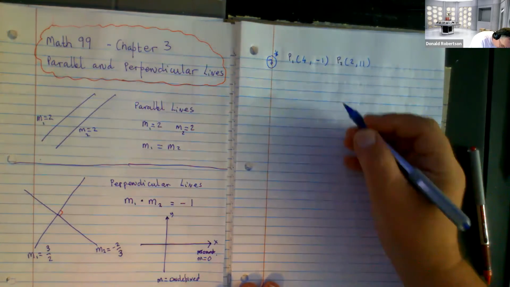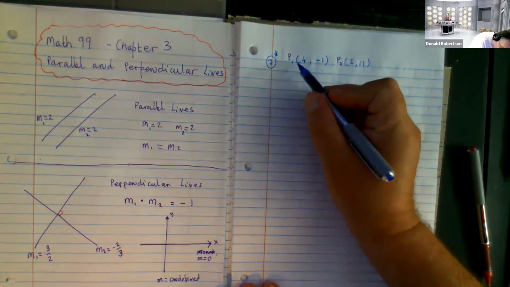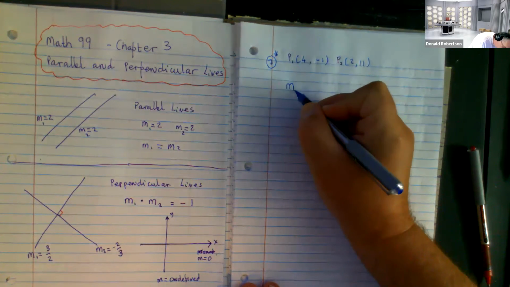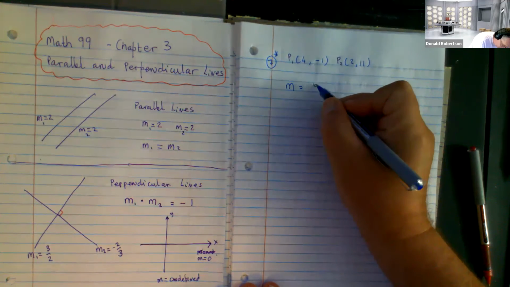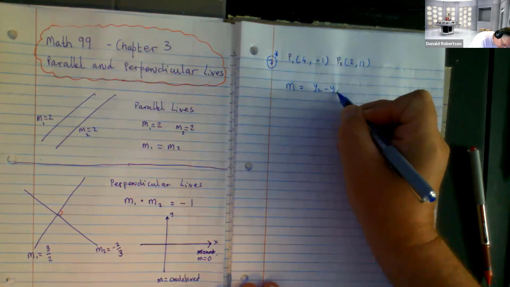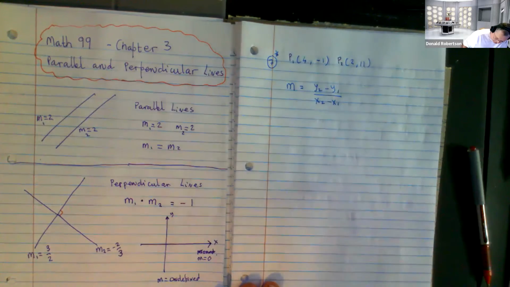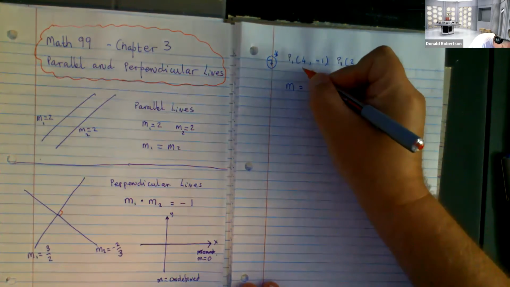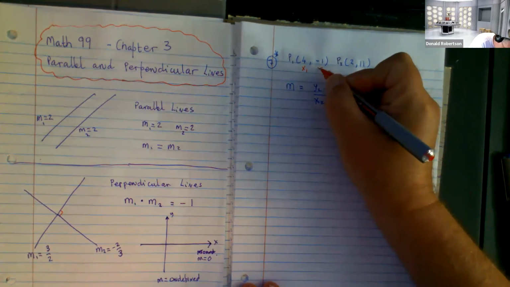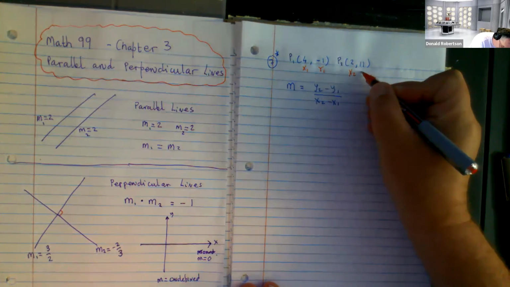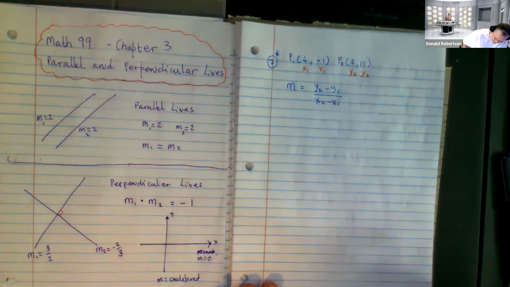And there is an equation that you can use to find the slope of a line joining 2 points. And the formula for it is m, the slope, is y2 take away y1 all over x2 take away x1. And we call this x1 and this y1 and this x2 and this y2.